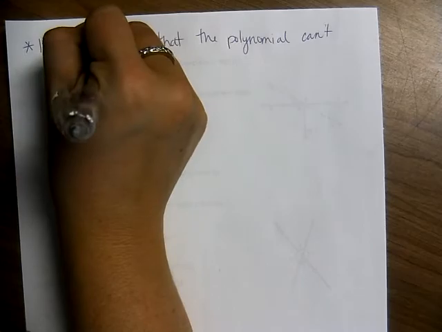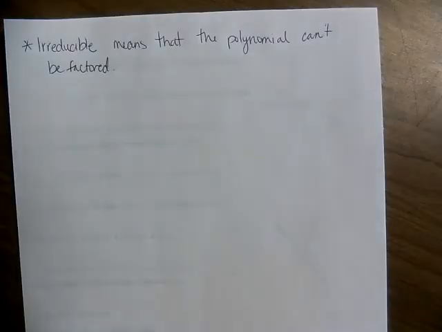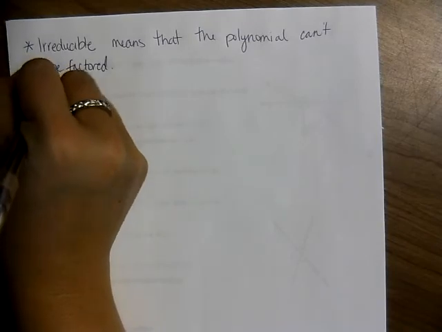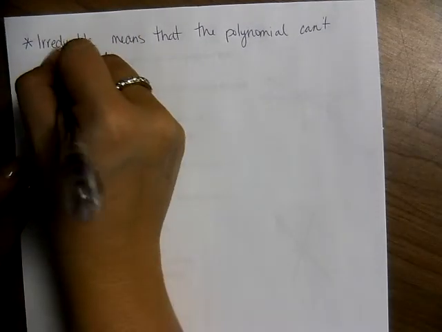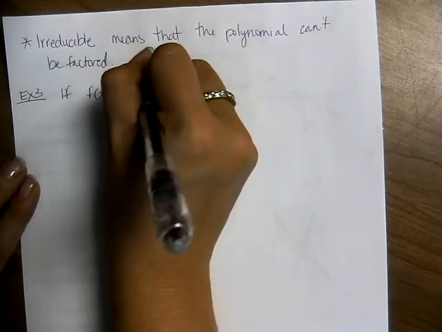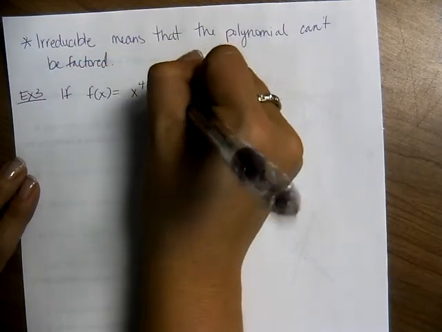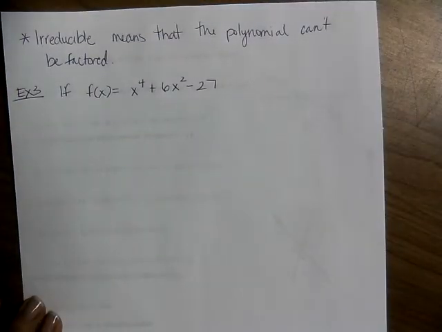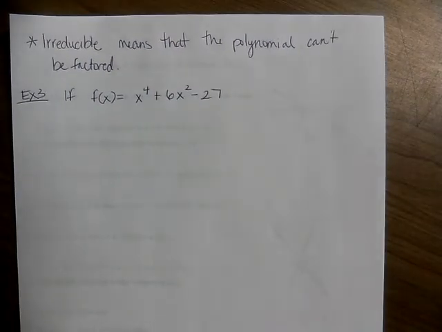Okay, so you're going to see that wording both in your book and on the quiz or the test. So example 3: if f of x equals x to the 4th plus 6x squared minus 27, we're going to run some different scenarios with the wording.